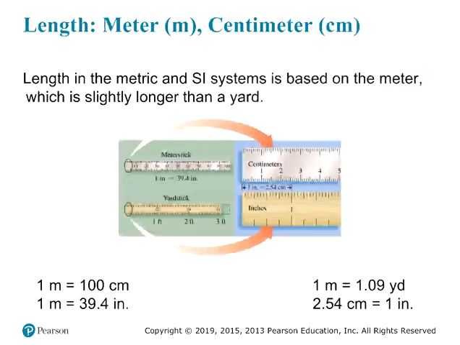Now for length, we use the meter, or if we're measuring something smaller, we might use the centimeter. And if you're used to measuring things in terms of feet or yards, a yardstick is a little bit shorter than a meter stick.